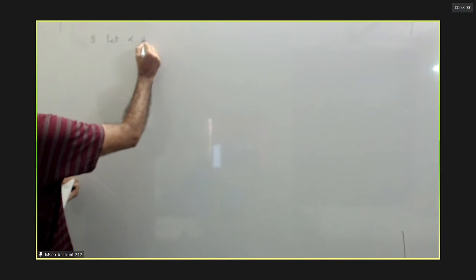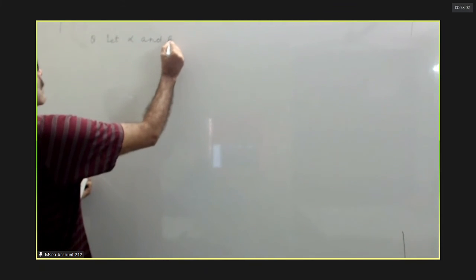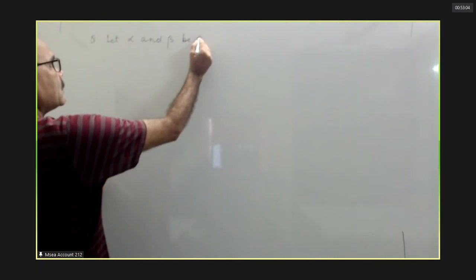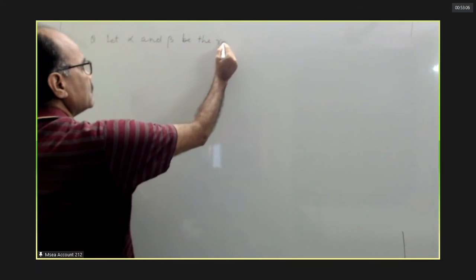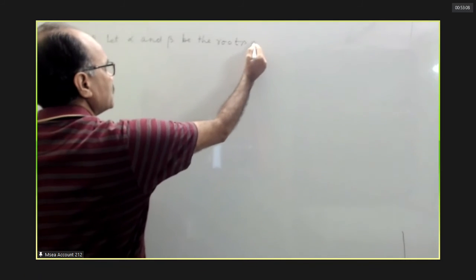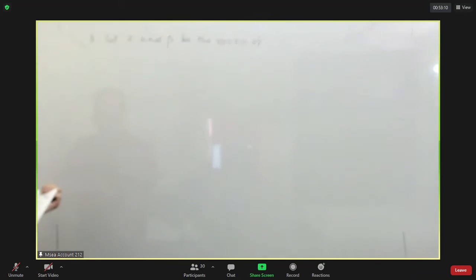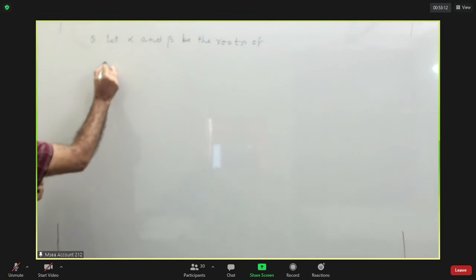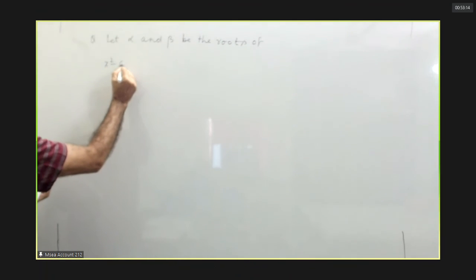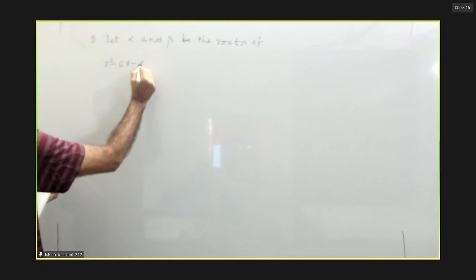Let alpha and beta be the roots of x square minus 6x minus 2 equal to 0.